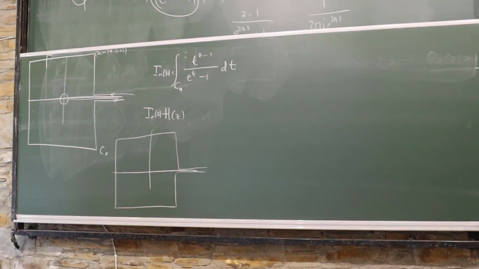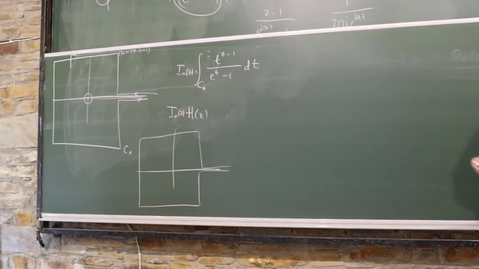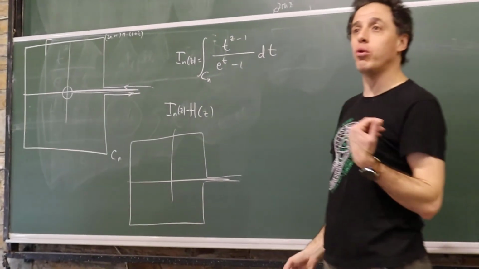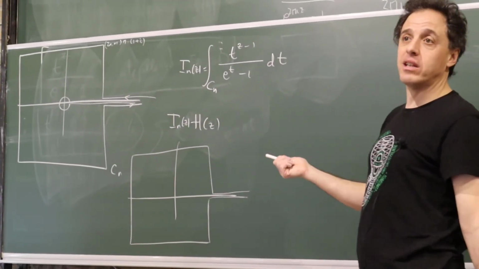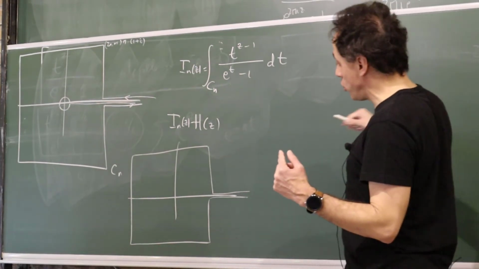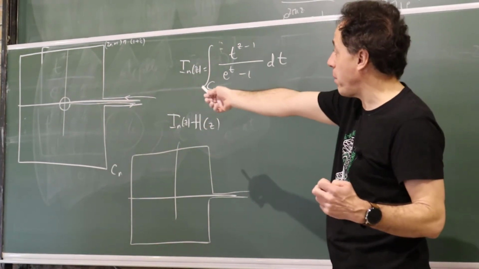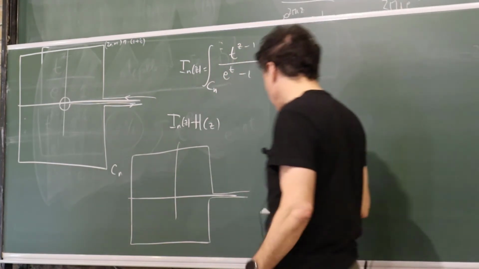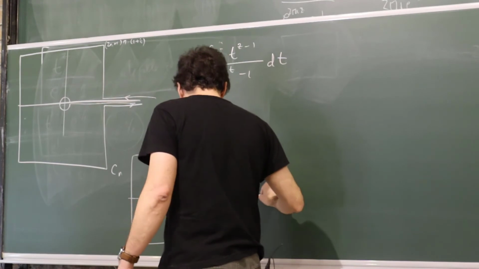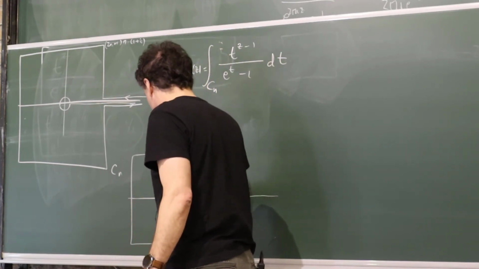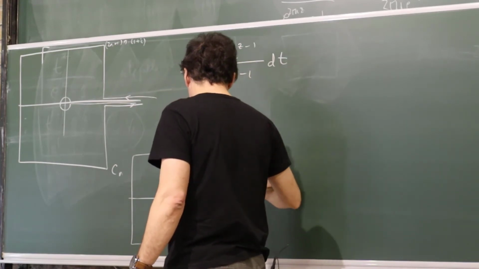So let us compute this difference. First of all, we have to integrate along this big square, and after that you have to remove the integral h of z, which is the integral along the other path. So we are going to follow the other path, the path gamma epsilon, but in the opposite sense. So we come again by here, you make the turn here, and you come back here in the opposite sense.